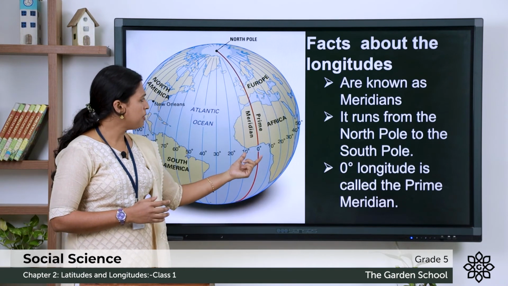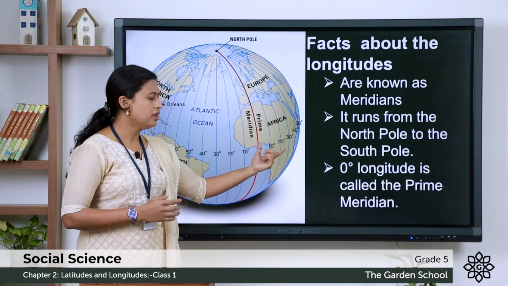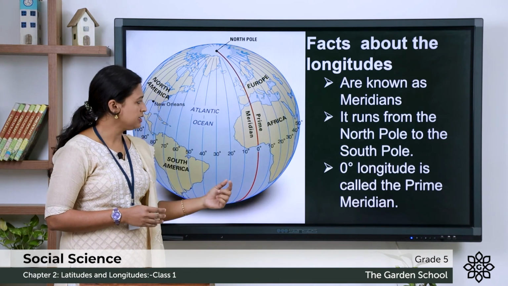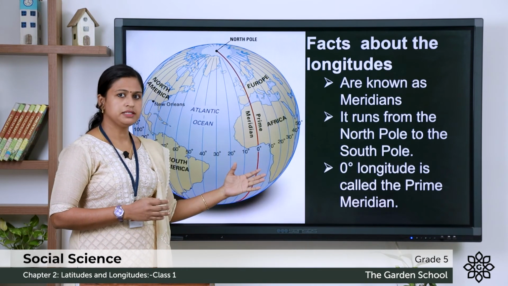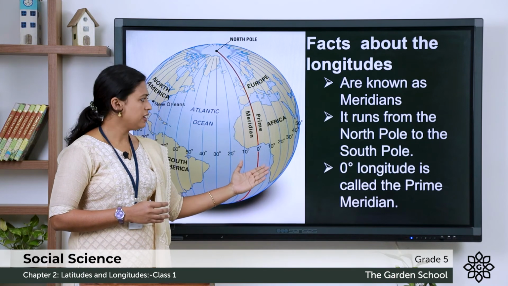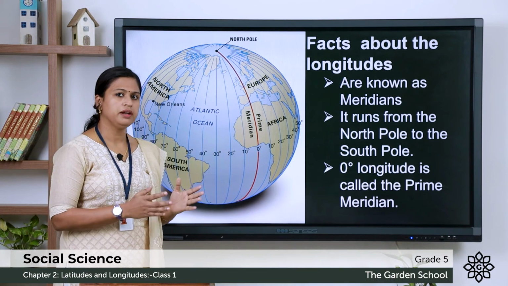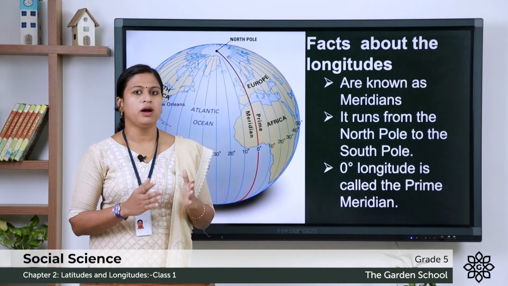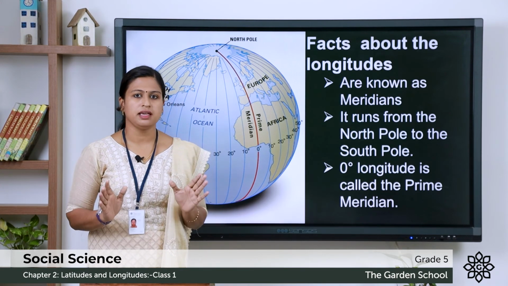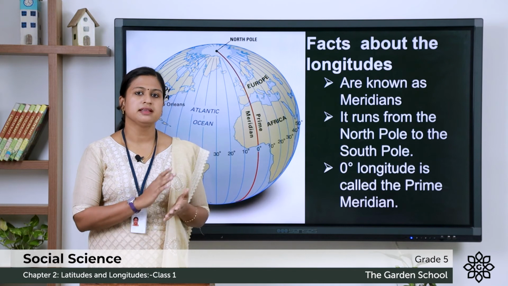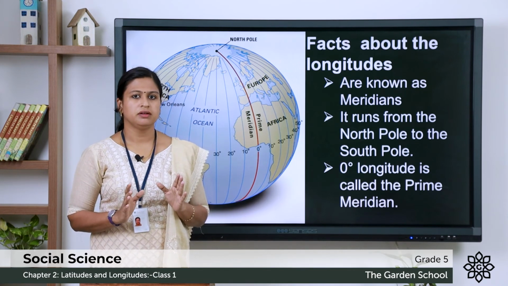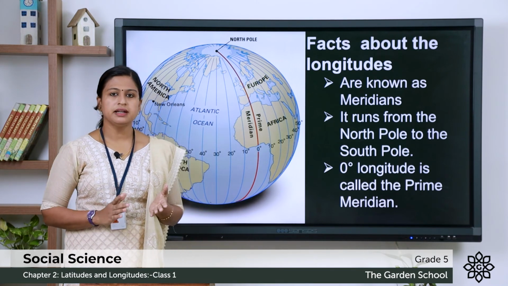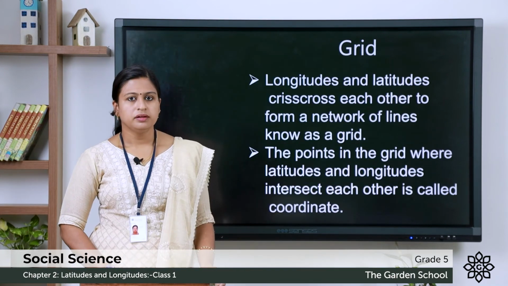In the same way we measure the longitudes in the western hemisphere, that is 10 degree west, 20 degree west and it goes till 180 degree west. 180 degree east and 180 degree west are the same and it is known as 180 degree. We also call it the International Date Line.